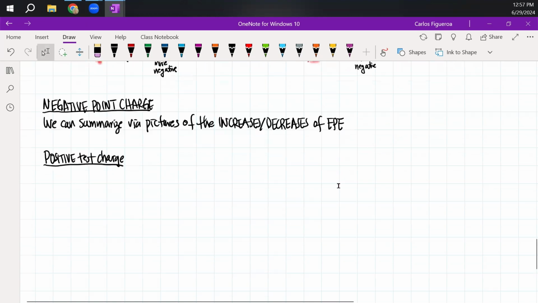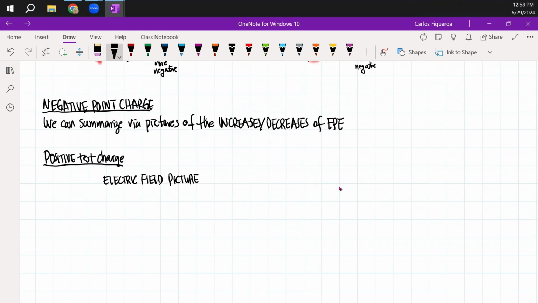What this tells me is that I have an electric field picture, which, by the way, I think is abstract because you're not seeing anything. And then over here, we're going to have the potential landscape picture.